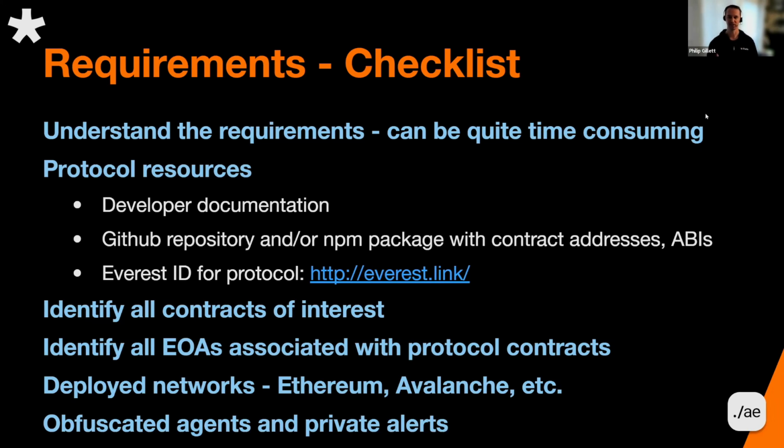Is there something that if it were broadcast to the world would really cause a problem? And if so, how can we keep those alerts private? How can we obfuscate the code so that it's not trivial to just read through and see, oh, whenever this happens, I should probably throw all my money into this protocol, kind of YOLO, and see if I can make bank off it.